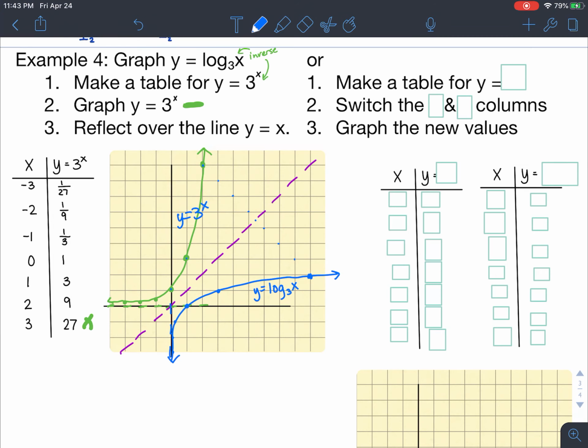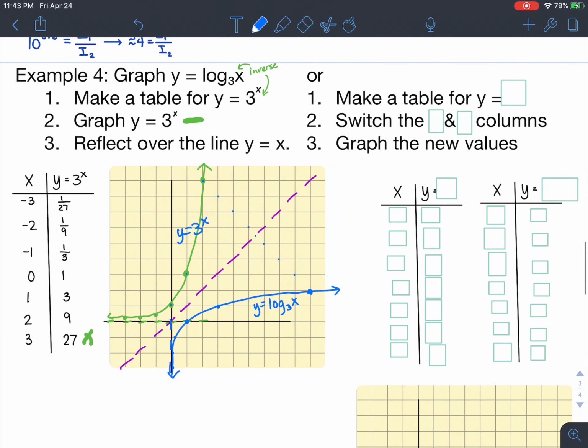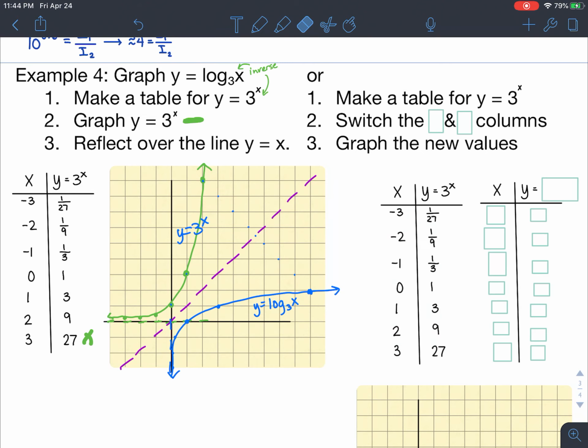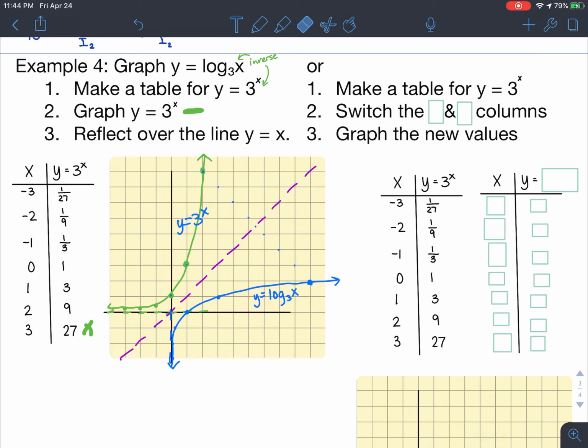Cool, okay. There's another way we could do this. So you have your pick here. Make a table for y equals 3 to the x. So that part isn't changing. Okay, so same table as before. But instead of graphing 3 to the x, we're going to switch the x and y columns. Remember, we could do that when we were doing inverses.